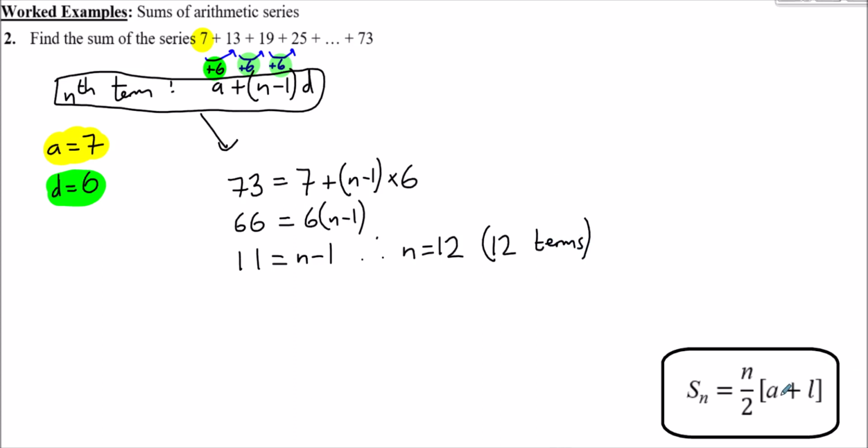So we can either use this form or the original form from worked example 1. It doesn't really matter which form we use, but just to show you this one will work, we can say that therefore the sum of these first 12 terms is going to be 12 over 2, the first term, which is 7, plus the last term, which is 73.